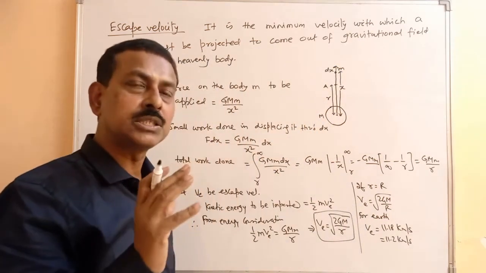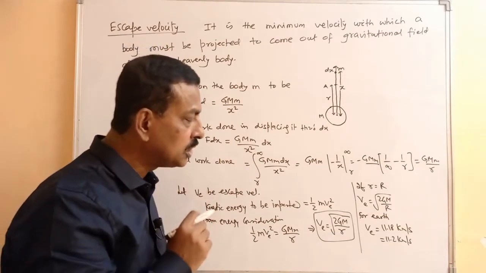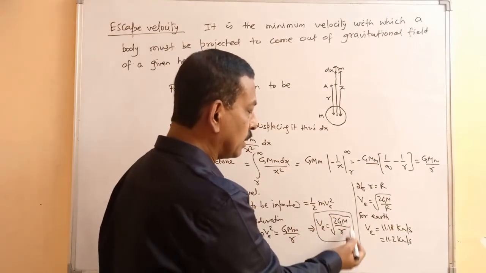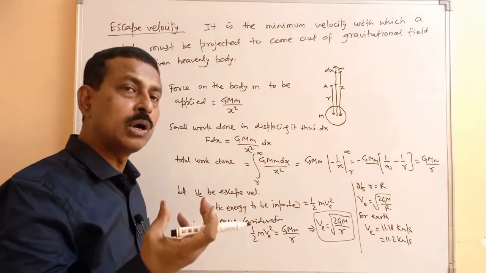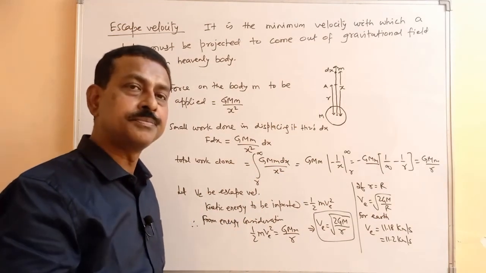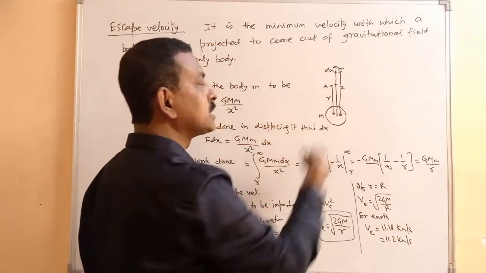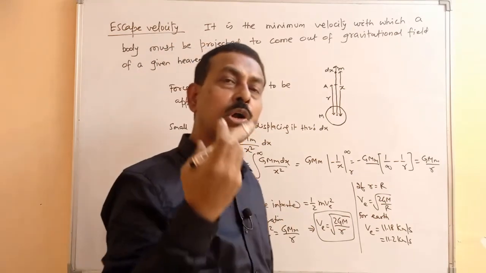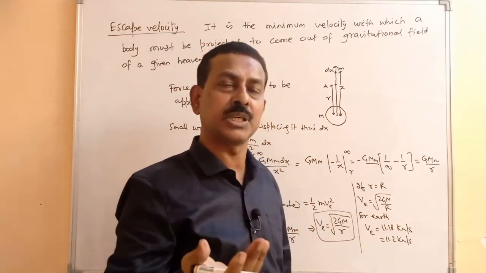That is the escape velocity from the surface of Earth. One more thing you should remember and notice is that this expression of escape velocity does not contain the mass of the body to be projected. That means it is independent of the mass small m. So escape velocity will be the same for all masses. It does not depend upon the mass of the body to be projected.